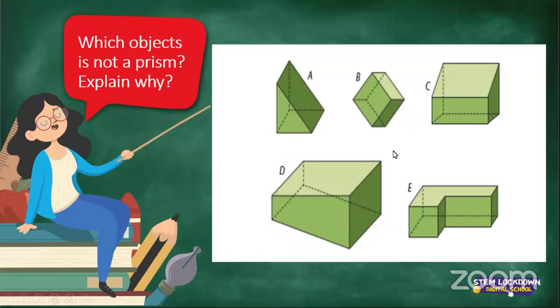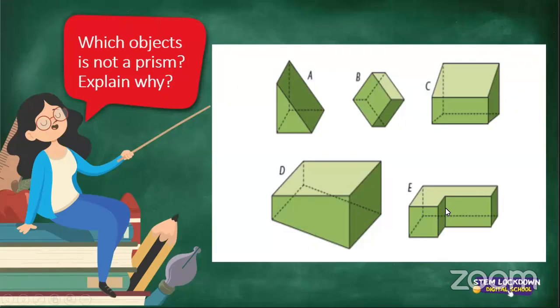If we're looking at these two objects here, let's look at C. We can pick up that the back part is higher than the front part. The front part is lower than the back part, and these two are similar.